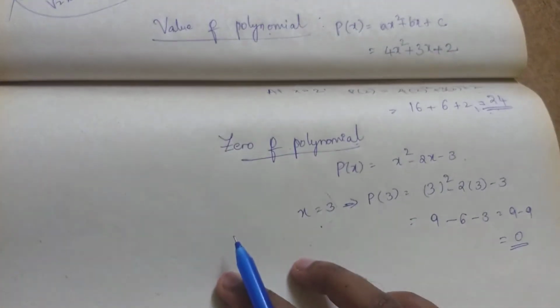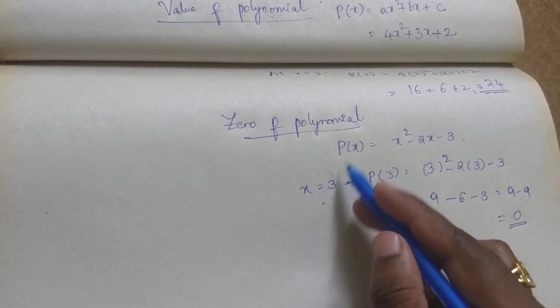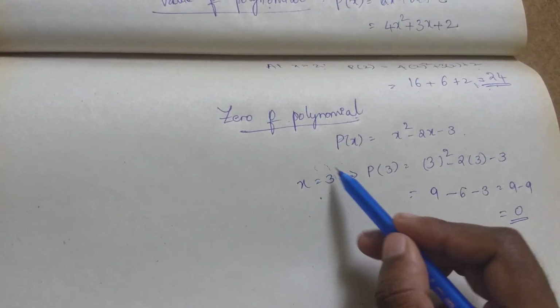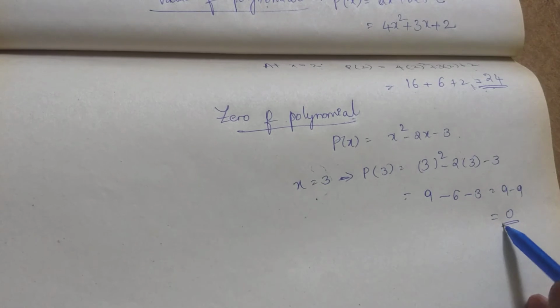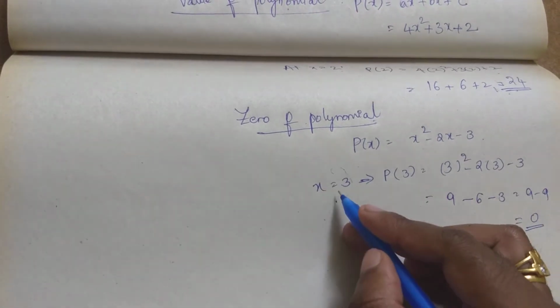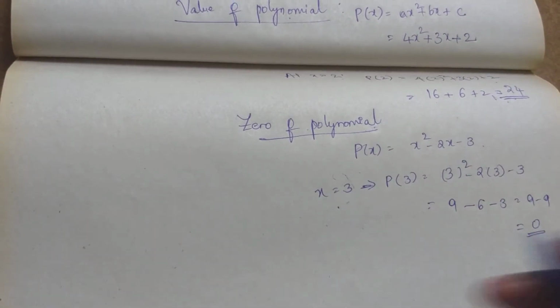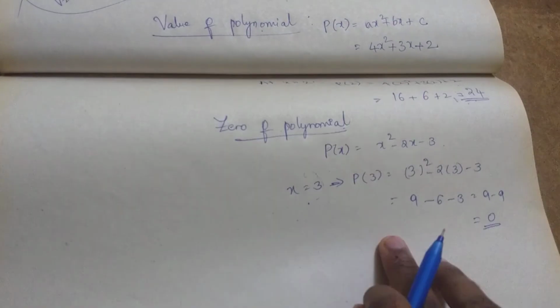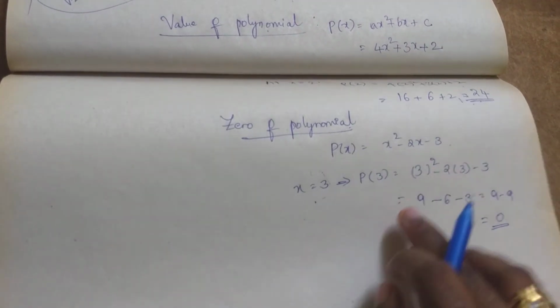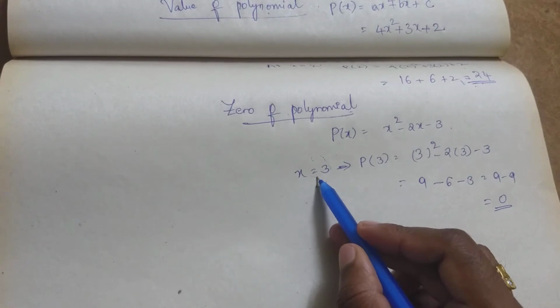Okay, clear? So the zero of the polynomial is nothing but the value of x at which we get the polynomial as 0. Then the zero of the polynomial is 3. Clear? So at x equal to 3, the value of the polynomial becomes 0.